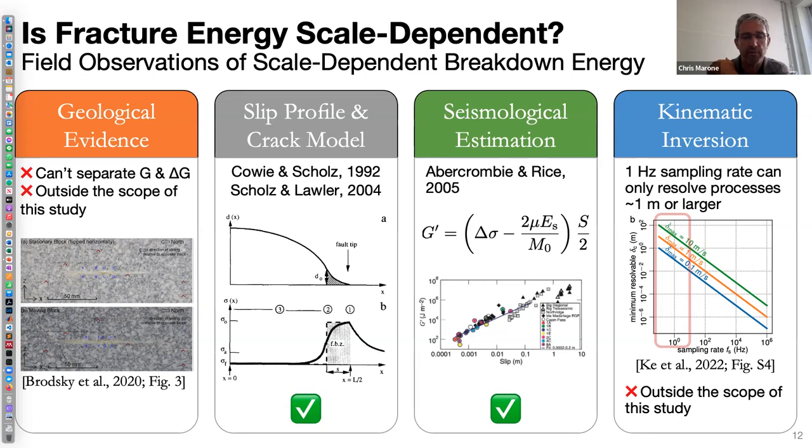I also had a similar comment. One thing that's different about a real fault than Greg's experiments or the rotary ones is that they're much more geometrically complicated, and there's a wide zone within which things are happening, which could really increase the energy required to make it slip.